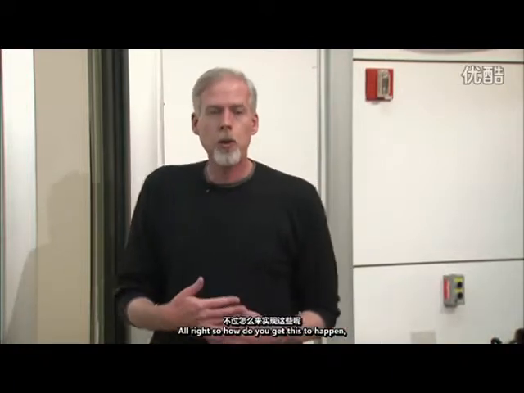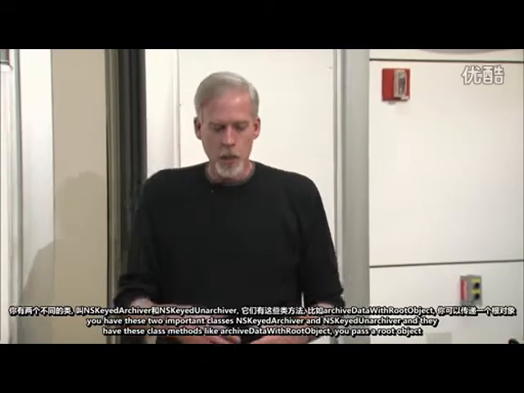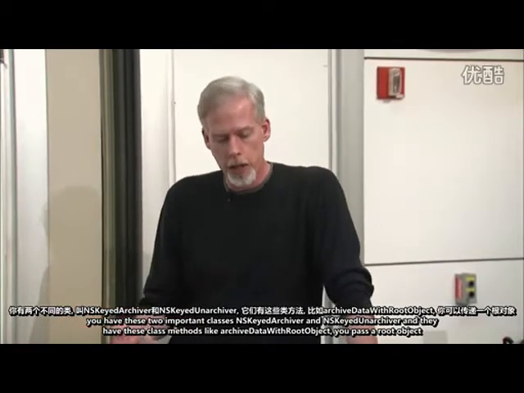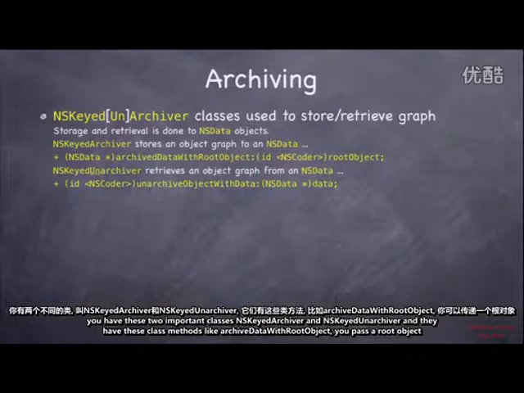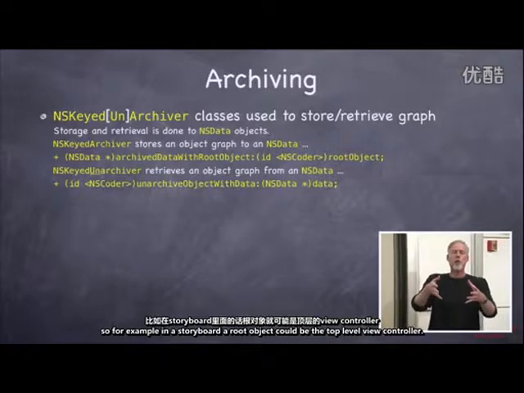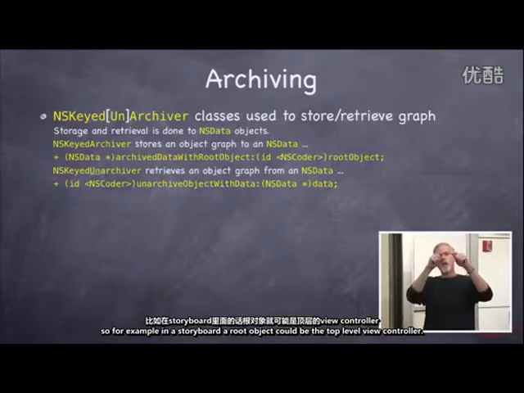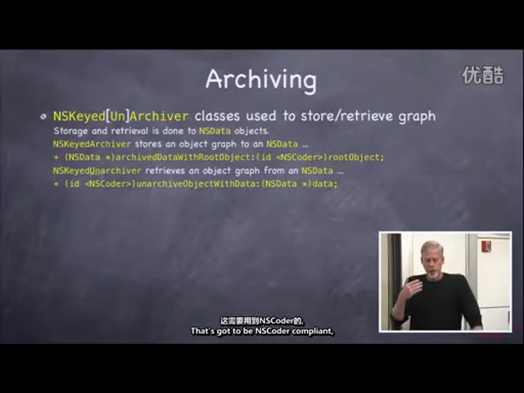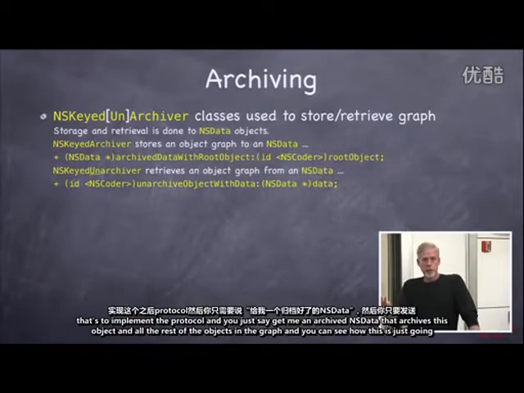All right, so how do you get this to happen? You have these two important classes, NSKeyedArchiver and NSKeyedUnarchiver, and they have class methods like archivedData with root object. You pass a root object. So, for example, in a storyboard, a root object could be the top level view controller. And that's got to be NSCoding compliant. It has to implement that protocol.